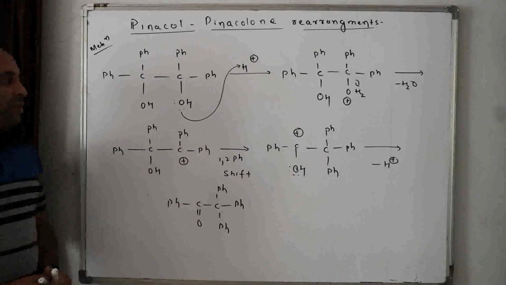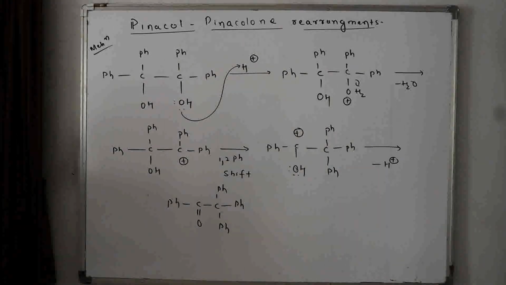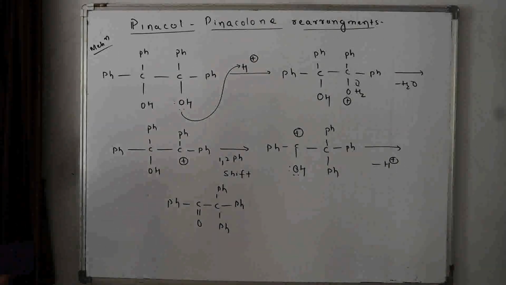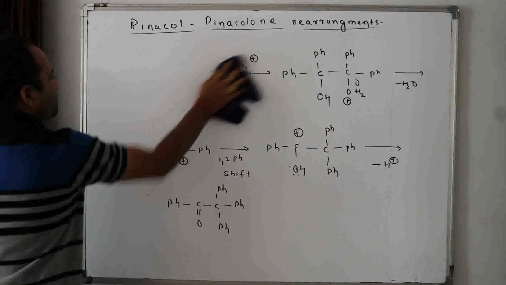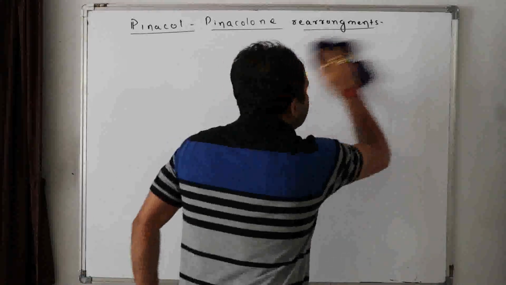Now write down the key points. Just copy it down and write down the key points. What are the key points? The first key point is that the carbocation is formed at the most stable carbon. Can I rub this? Key points. What are the key points?